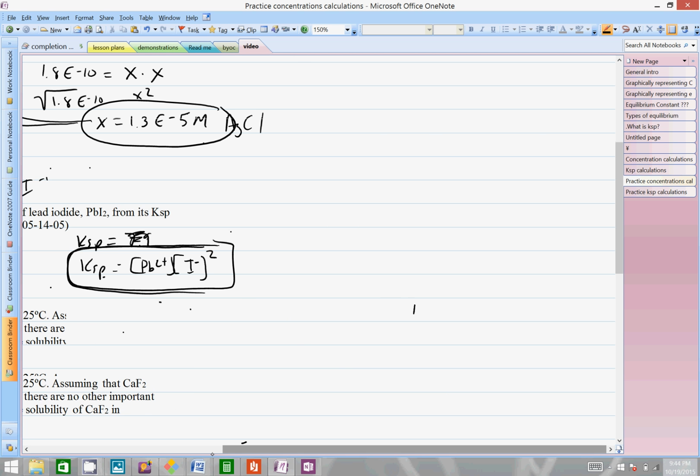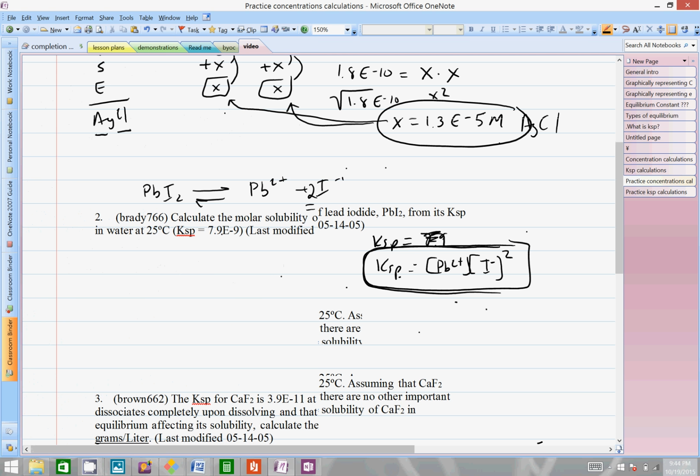Okay, I got PbI2 goes to Pb2 plus and 2 I minus. Initial, stoichiometric ratio, end. Solid not playing a role. Nothing in there before I start. Going to gain x here, going to gain 2x here. X and 2x. And after you do this a bunch of times, you realize it's always the same. Plug my x values into their correct spots and solve for x.